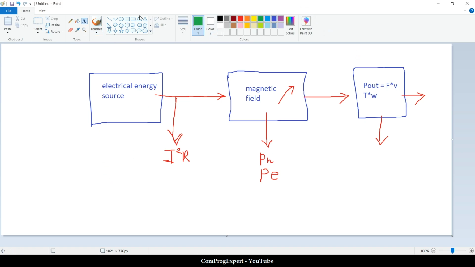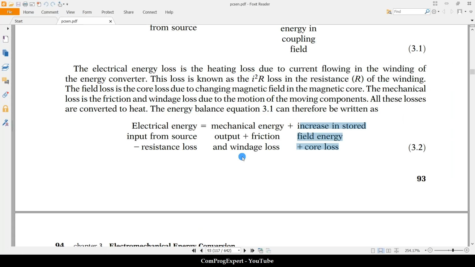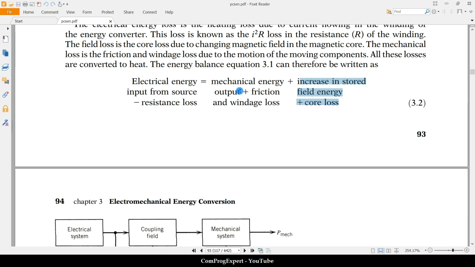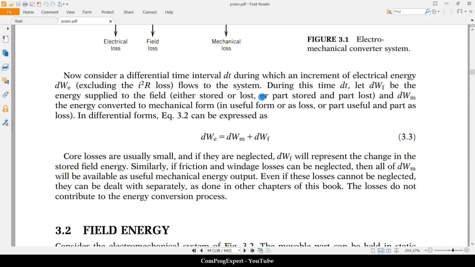In the generator mode, the direction of the energy flow is reversed. But again, we have these losses also for the generator mode. So how can we rewrite this equation into a mathematical form? Consider a differential time interval.